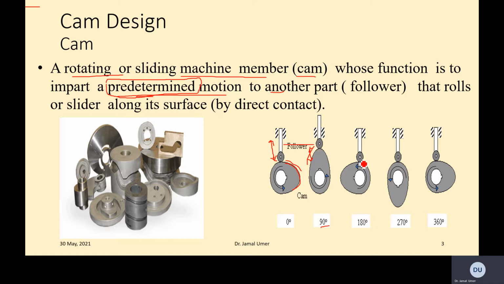At 180, the follower is back to its original position, at 270 it is back at that position, and at 360 it is back at that position. So from 0 to 90 it goes up, and from 90 to 180 it comes back. So this is the only reciprocation out of 360 we are getting from this classical example.